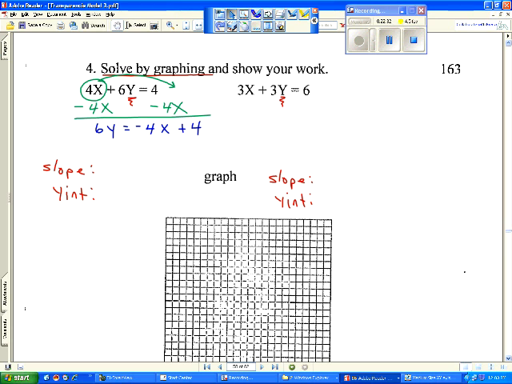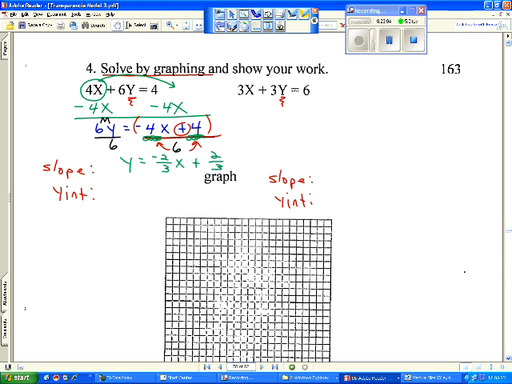And so now we're going to undo multiplication by division. When you multiply something to or divide something by a sum or difference, you have to put that sum or difference in parentheses and distribute. And so we get y is equal to negative 4 divided by 6, which reduces to negative 2/3 x. 4 divided by 6 reduces to 2/3.